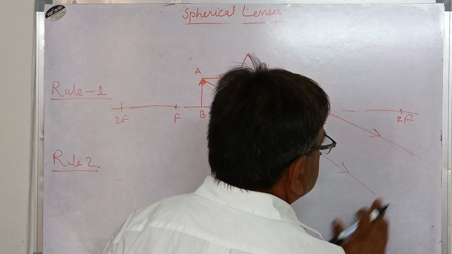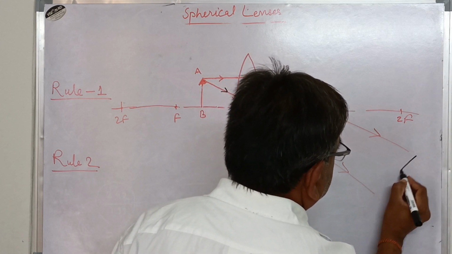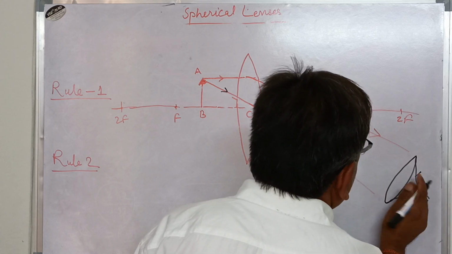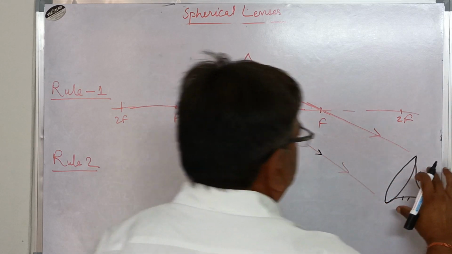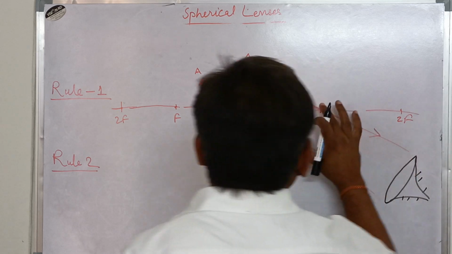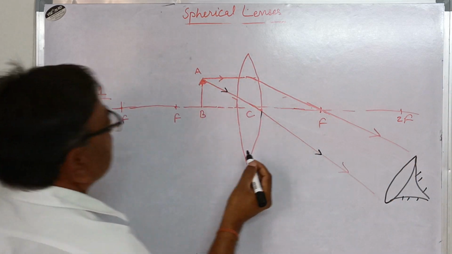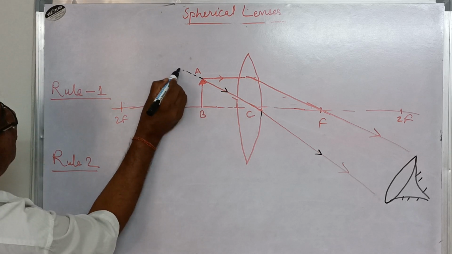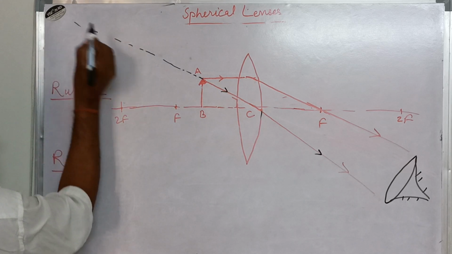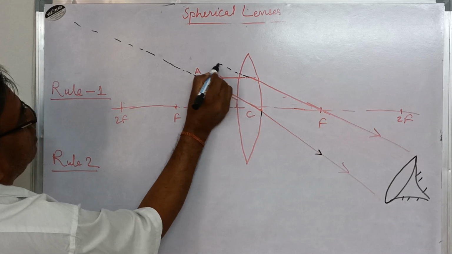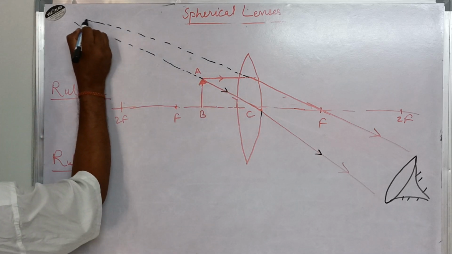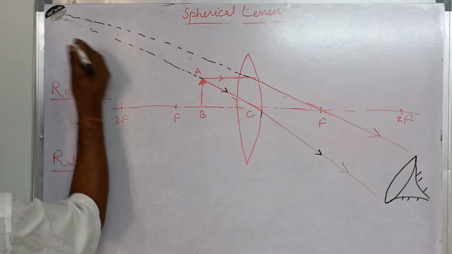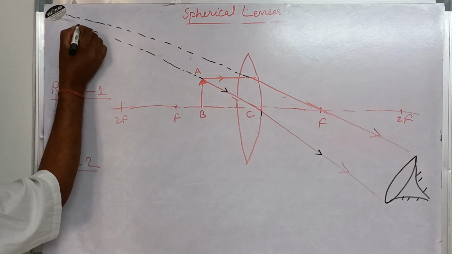And when you look from here, at this point, both rays will seem to be coming from some point here. You extend them in the backward direction. There a point will come where they meet.